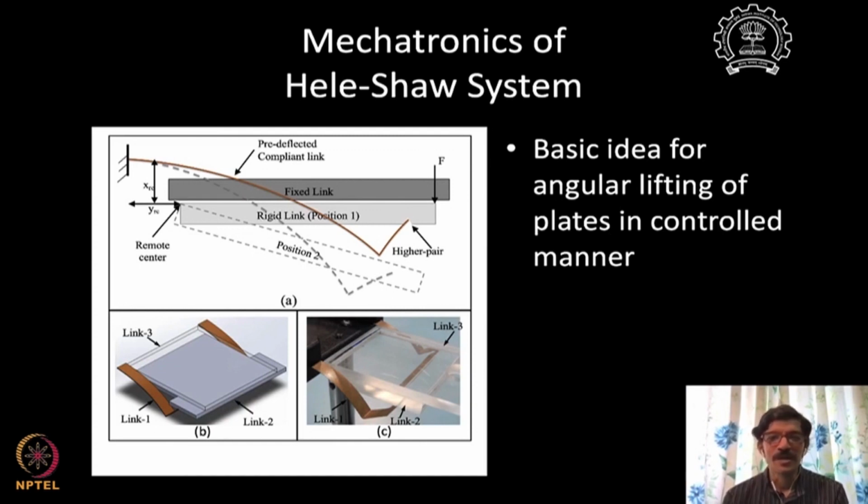We just conceived the idea that, let's say, we can use a cantilever for this purpose, and we started playing around, and found that it is possible, because if you do this analysis, you find there is a point, not really the hinge point of the cantilever, somewhere outside in space. Around that point the motion actually happens as if the end point of this compliant link is moving around a circular arc about this center. That is what you'll see.